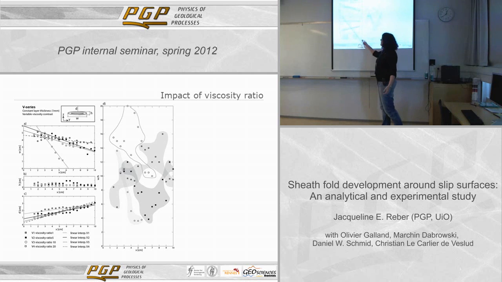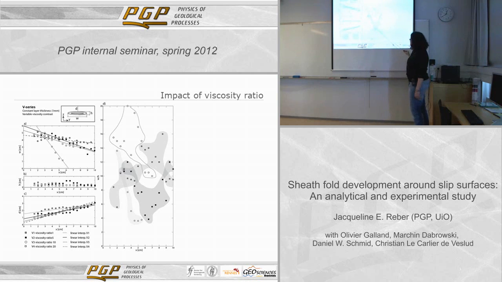And we see that the width decreases towards the tip of the sheath fold. I mean, that's not really surprising. We also see that the height is almost constant for the whole length of the sheath fold. We see that all the sheath folds dip into the matrix. And we also tried to plot the ratio between the width and the height, and it makes a rather useless cloud of points.